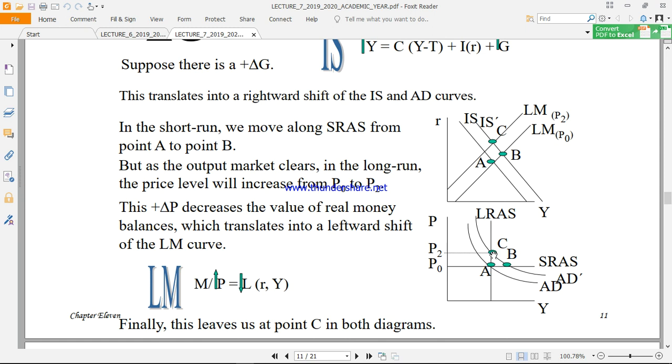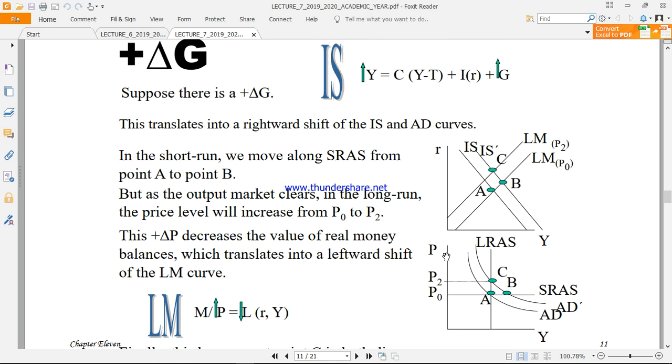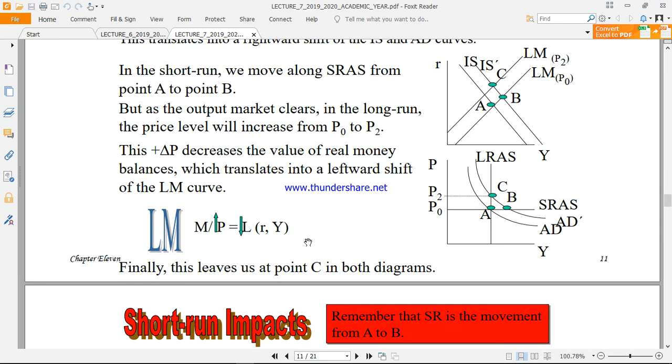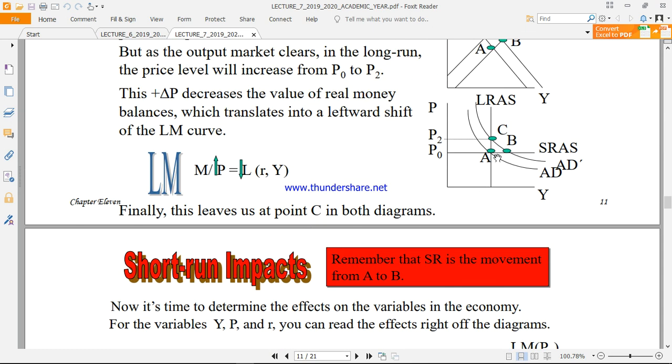So what I'm trying to say is, an increase in government expenditure is good because in the short run we witness some economic boom, but in the long run you're going to maintain the same level of output while the cost of living has increased. It's good if you want to win, but in the long run it's really bad, because you are just increasing people's cost of living.